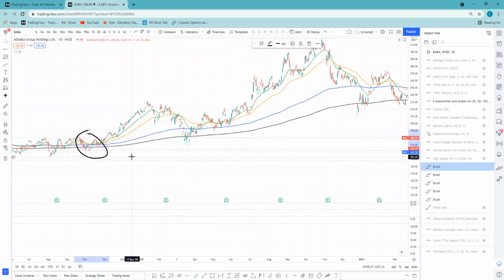This is called convergence. Convergence is when four or five EMAs gather together and then separate from each other. That's where, if you really want to invest, this is the best area to invest.